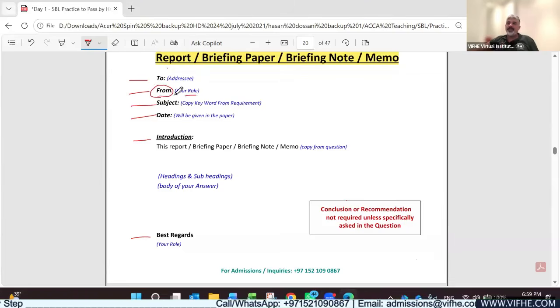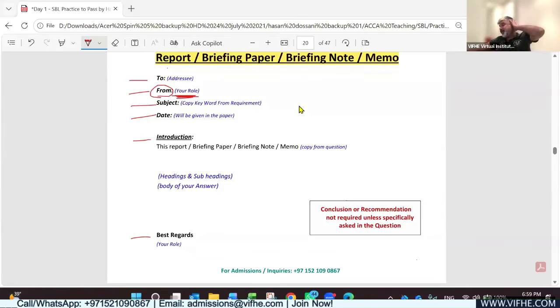From is basically your role. From where will you get your role? From where do you know what your role is? Perfect. On the landing page, our role will be given.